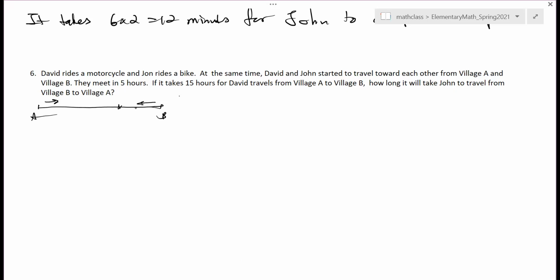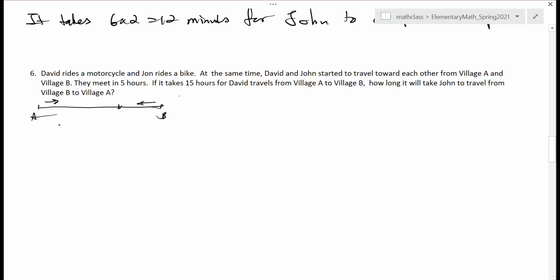This problem is similar to the previous problem. But we don't know David's speed and John's speed. We don't know the distance between A and B. But can you figure out the relationship of the speeds?